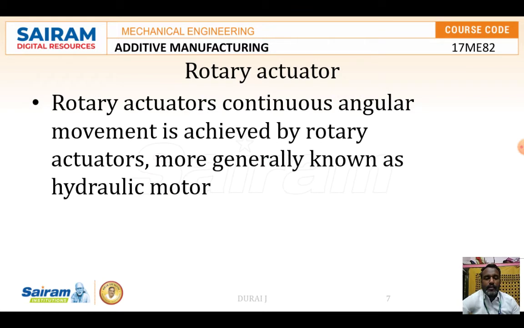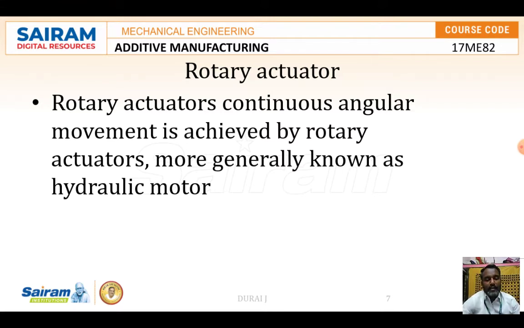Then comes the rotary actuator. Continuous angular movement achieved by the rotary actuator is called a hydraulic motor. Suppose the pressurized hydraulic fluid enters the casing; as it keeps entering, the pressure increases and acts on the gear teeth. As the fluid keeps coming, the force acts on the gear teeth, so it starts to rotate.